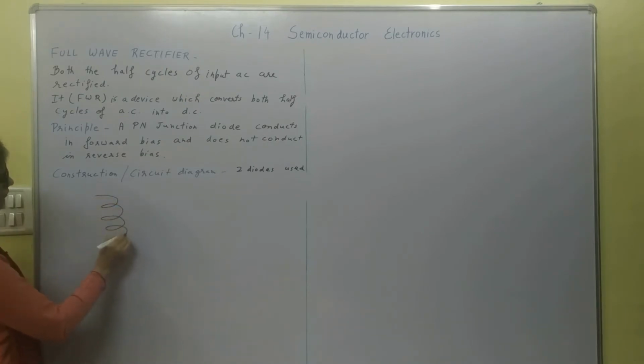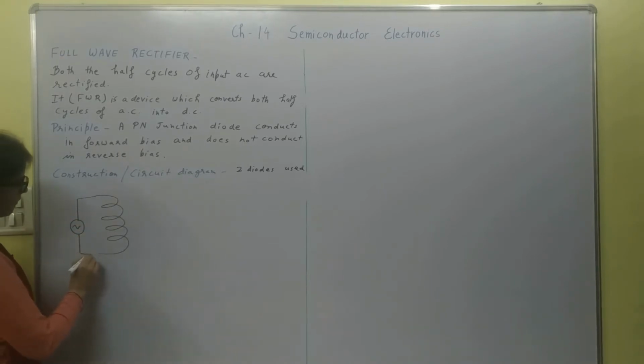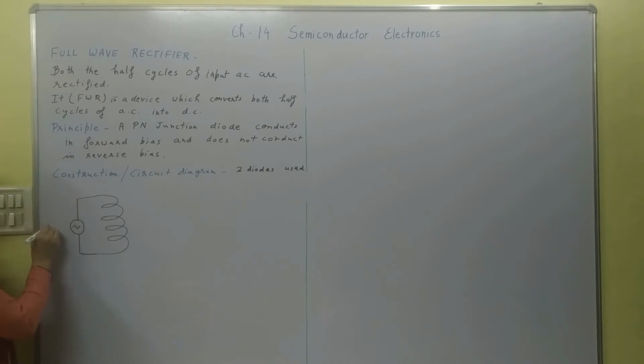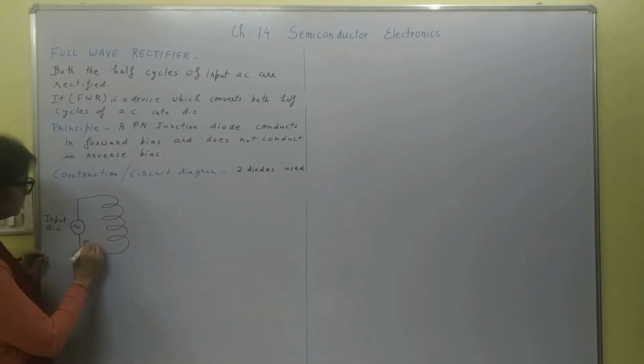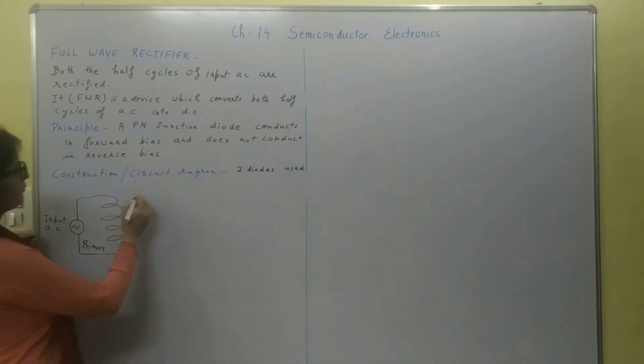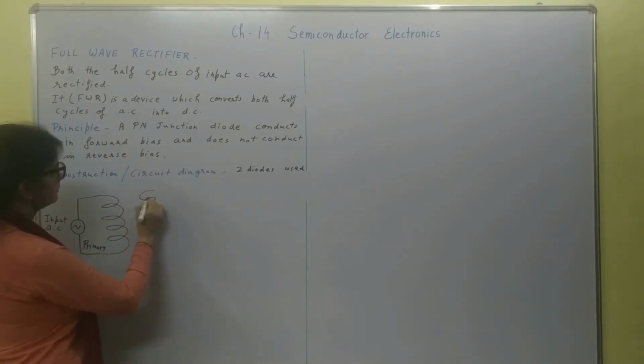We have a primary coil which is attached to the input AC, and then we have a secondary coil.